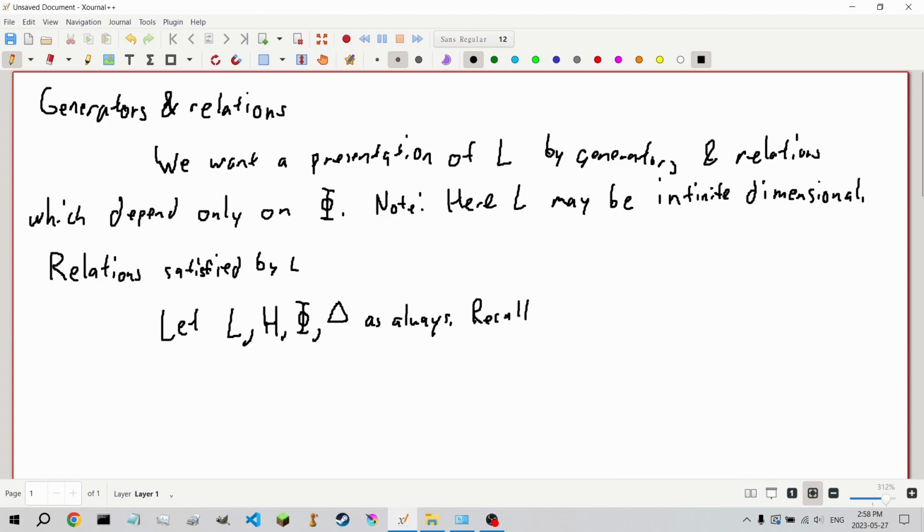Recall that the angle bracket of two roots alpha i and alpha j is 2 times the form of alpha i on alpha j over alpha j on alpha j, which is equal to alpha i of h of alpha j, which we write as hj.